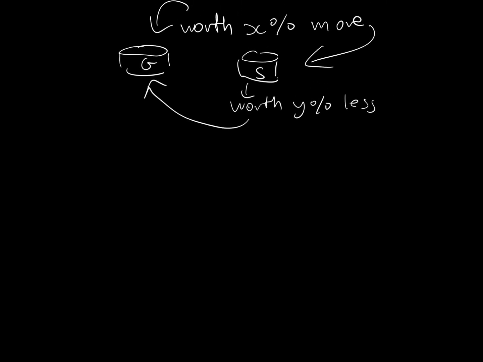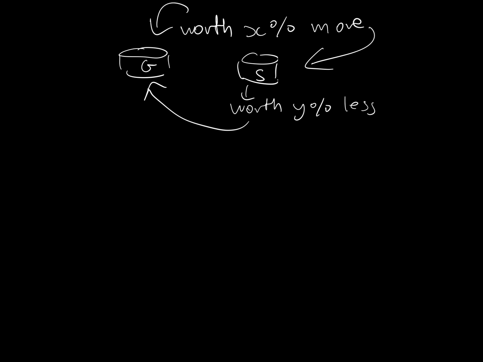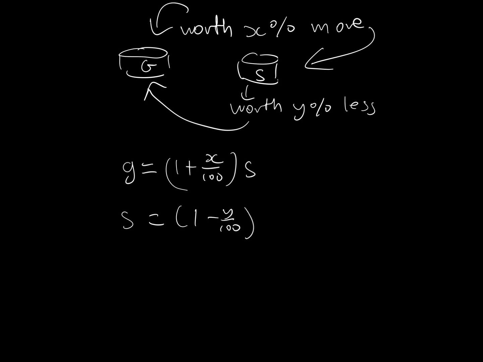So, let's do this. We can set up an equation. We can set up something like a gold coin is worth X% more than a silver coin, and a silver coin is worth Y% less than a gold coin.